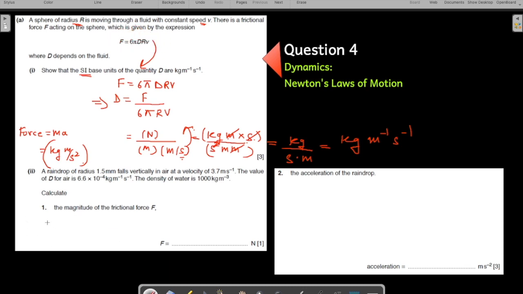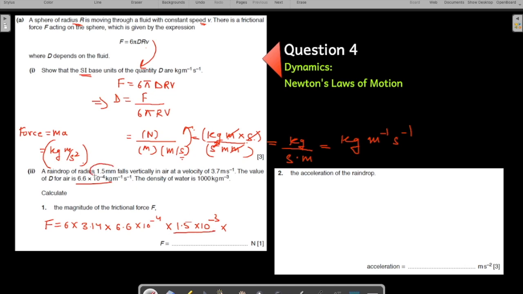Substitute all the values. So F is 6 times pi, which is 3.14, times d, it's given to you 6.6 times 10 to the power minus 4, times r, what is radius? 1.5 millimeters, so 10 to the power minus 3 meters, right?